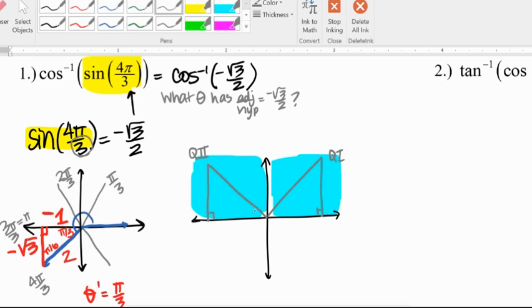So we want to figure out what angle has adjacent over hypotenuse of negative root 3 over 2. Now remember, when you go left from the origin, that side length is going to be negative. So we want negative root 3 over 2. That means the one goes here. So what angle has root 3 adjacent to it? That's 30 degrees.